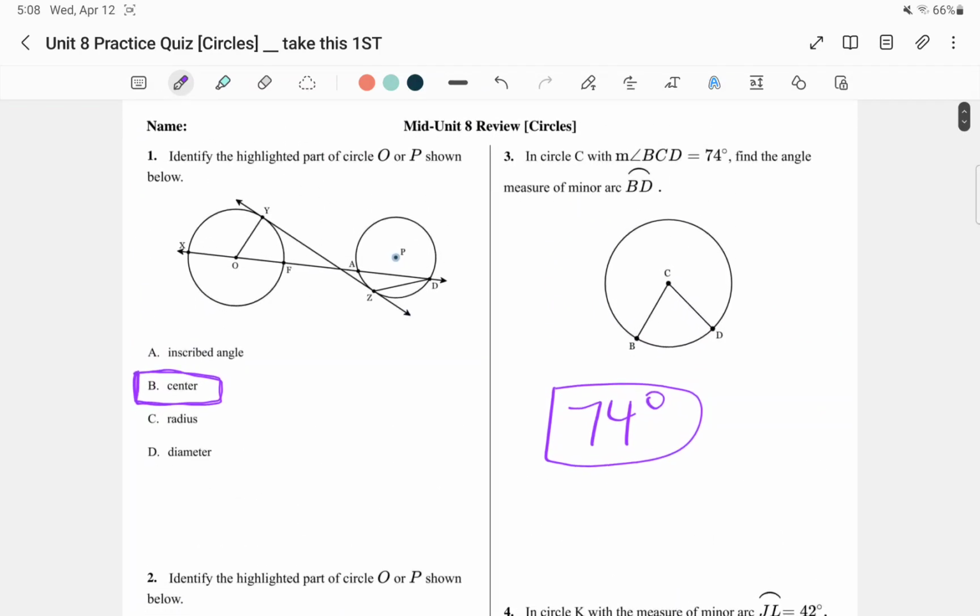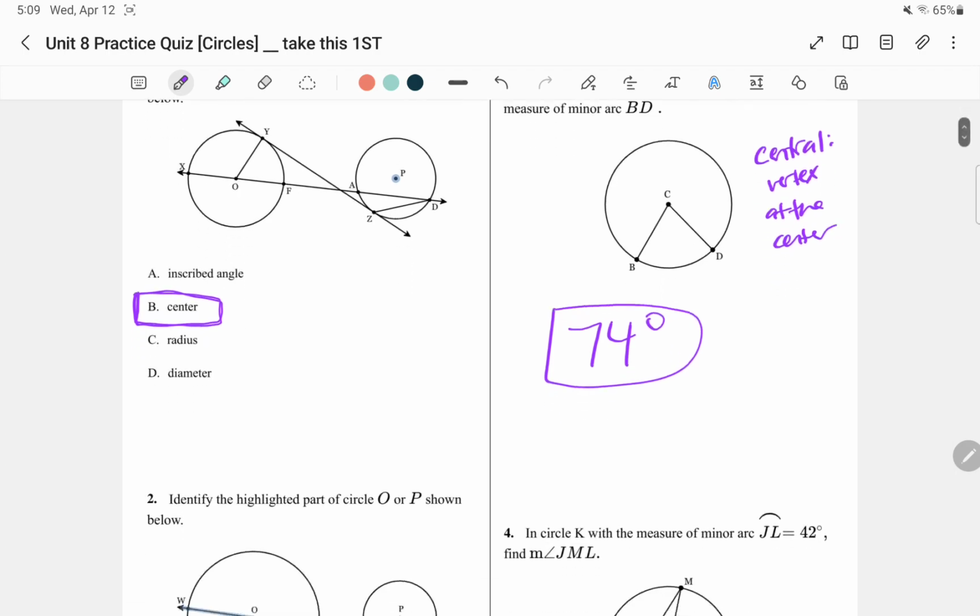So the central angle has the vertex in the middle, at the center. Vertex at the center. That's what makes it central, makes it equal to each other.